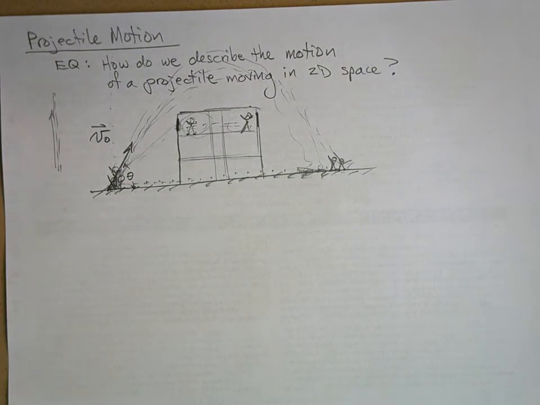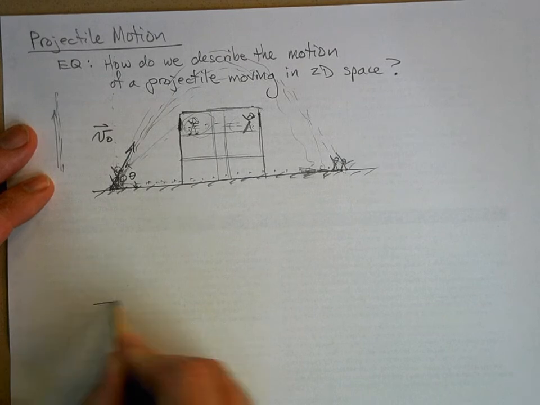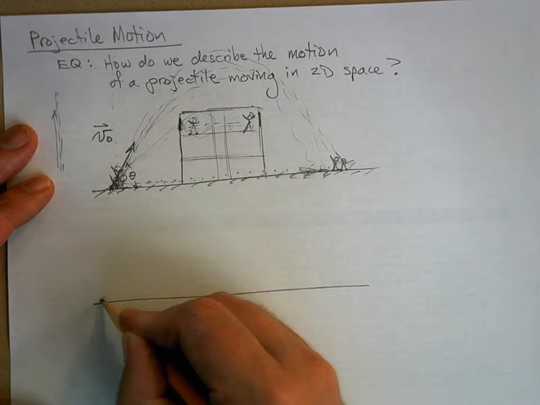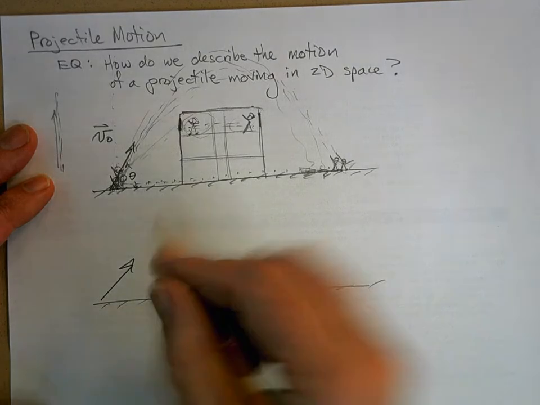And so what we're going to have to do to understand this motion is look at the balloon. Let me redraw the path of the water balloon. Here's the ground, a nice level ground. We'll get rid of the building.